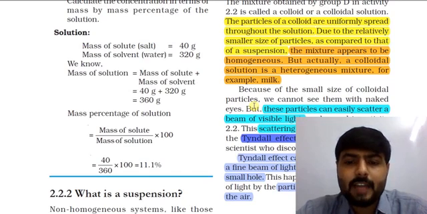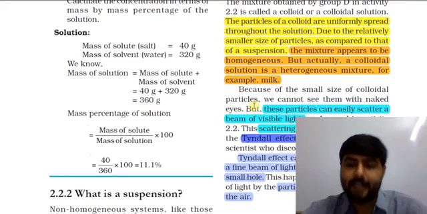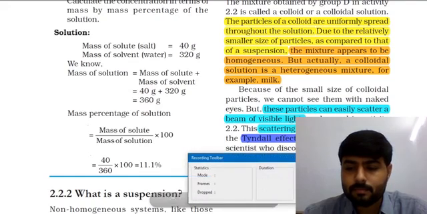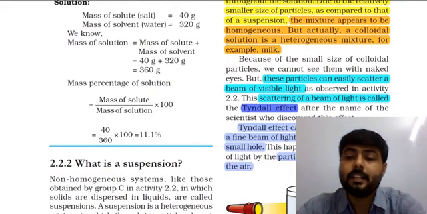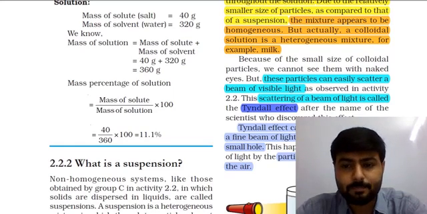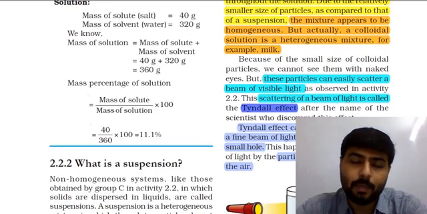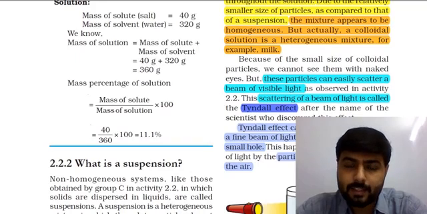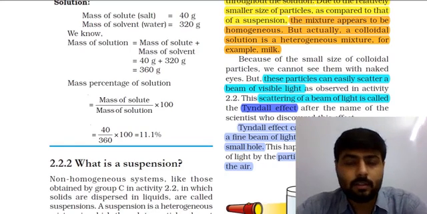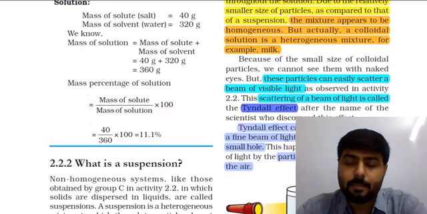The particles are so small that we cannot see them with our naked eye. But these particles can easily scatter a beam of visible light as observed in activity 2.2. In activity 2.2, we also observed that the mixture with group D can scatter a visible light beam.